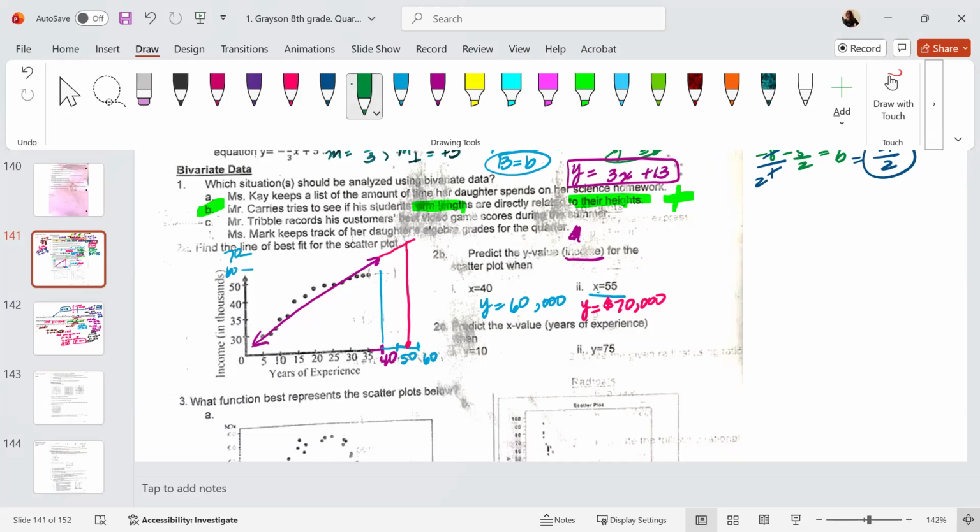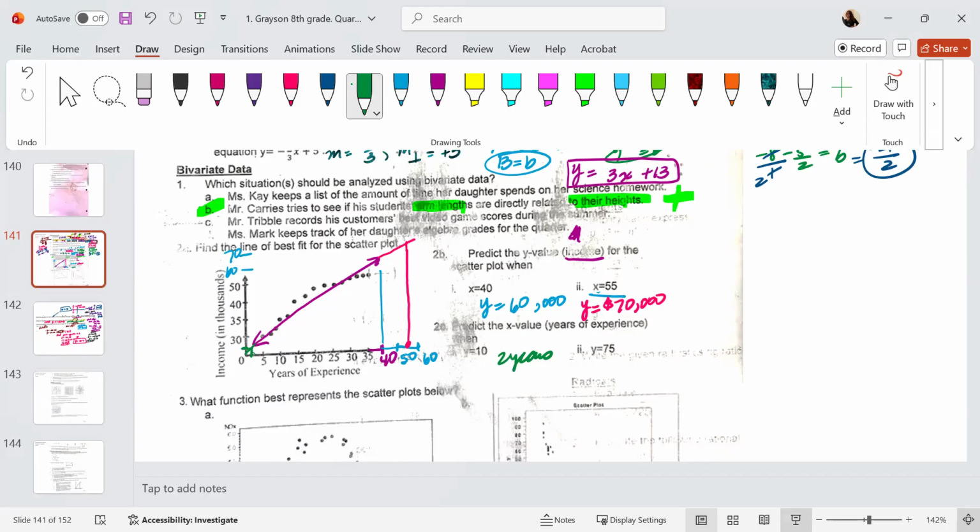So when Y equals 10, I would say 10 is like right there, right? I would say that would be like 10. That would look like it's maybe 2 years, maybe, right? Maybe approximately. It's not 100% accurate, right?